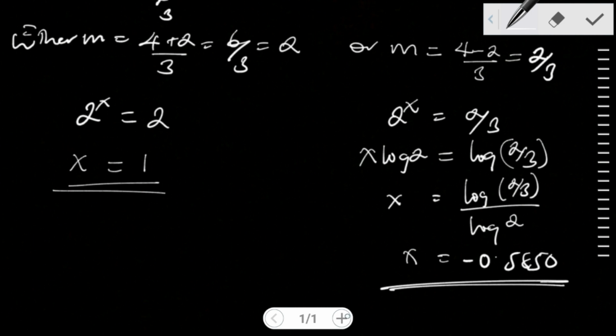Now, let's try another example. If I have 3 to the power 2x plus 1, plus 26 into 3 to the power x, equal to 9.